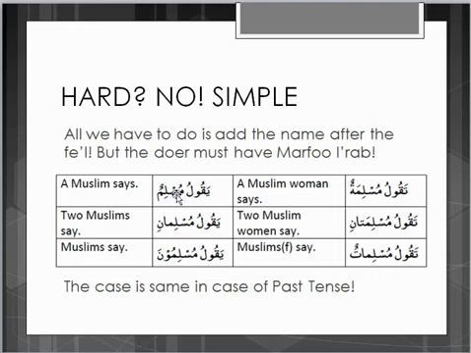That means you have to put the ism after the Fe'l in its Rafa form, so that you say a Muslim says. When you're doing that, the meaning of Yaqulu was he said. But if you add an outside doer, then the inside doer dies. Inside doer is dead, assassinated on the spot.